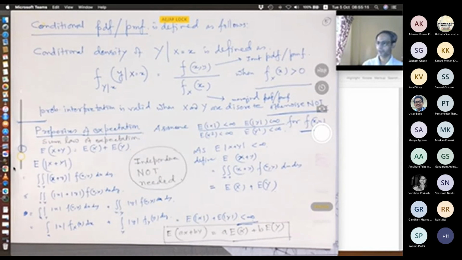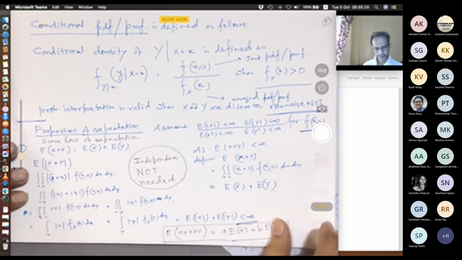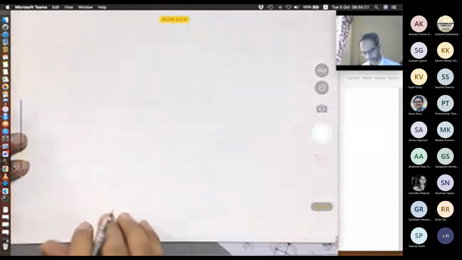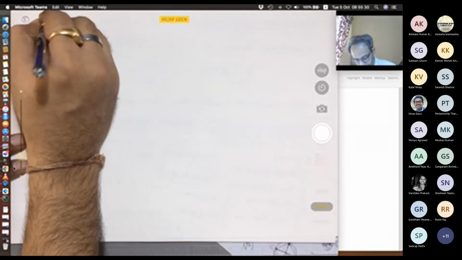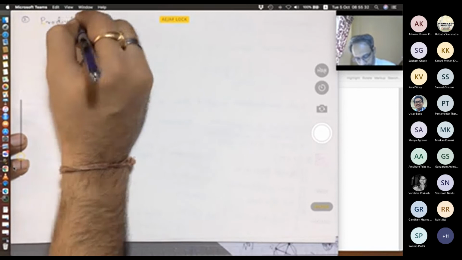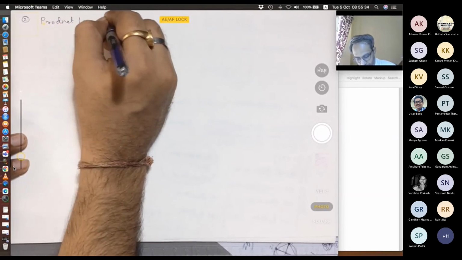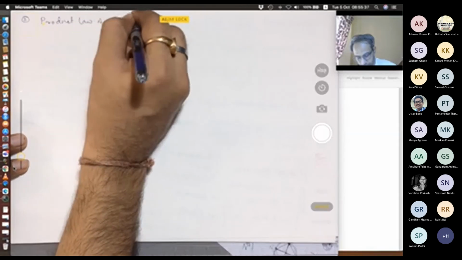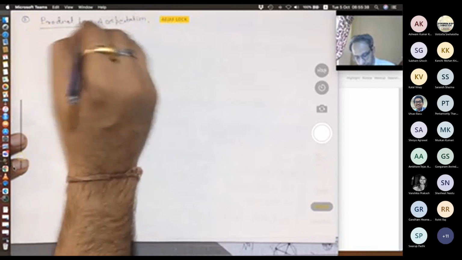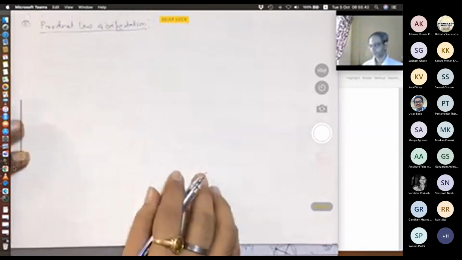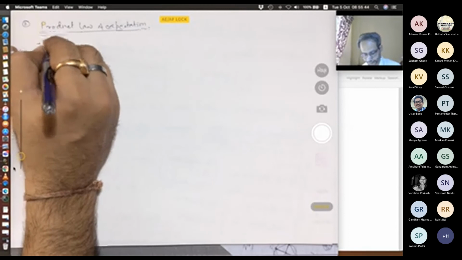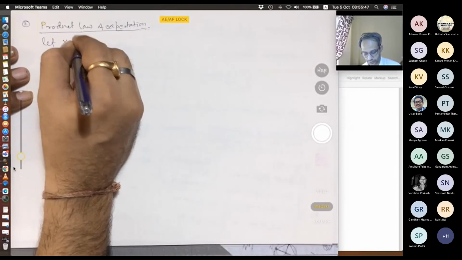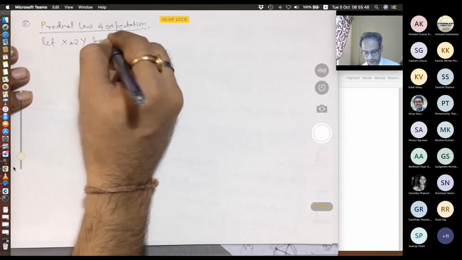Okay, but the product law of expectation will not hold until you get independence. So let us go for the product law of expectation. Let X and Y be independent.